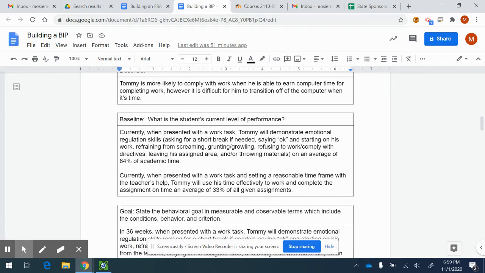Okay, so baseline, again, taken directly from the FBA. So take just a minute here to refamiliarize yourself with our two baseline statements. So we want him to demonstrate emotional regulation skills as described there in the operational definition. He's currently doing that 64% of academic time.